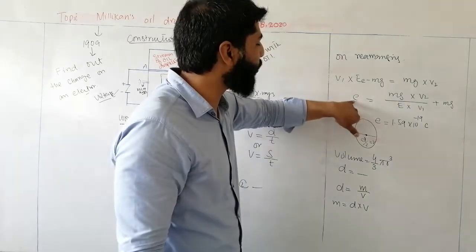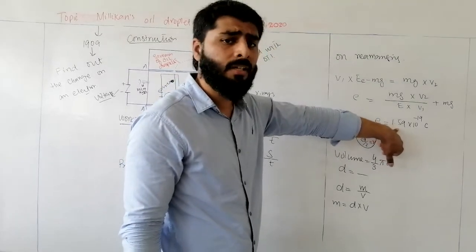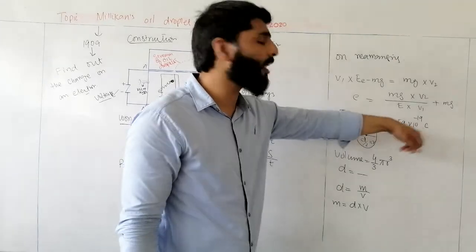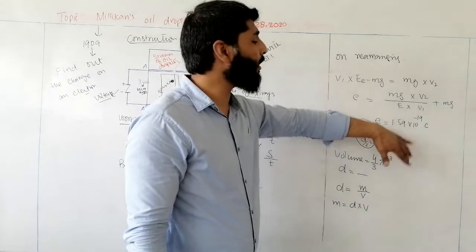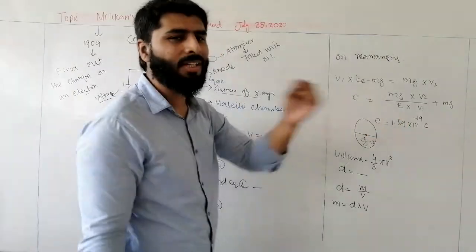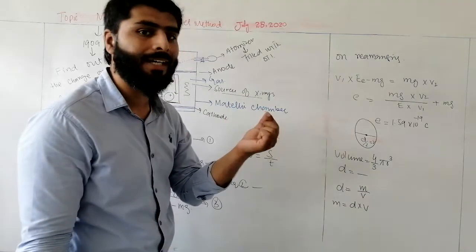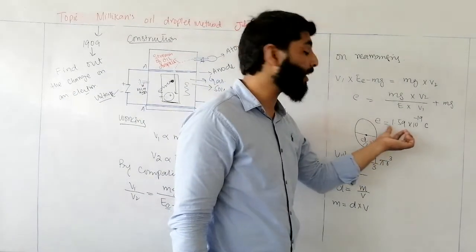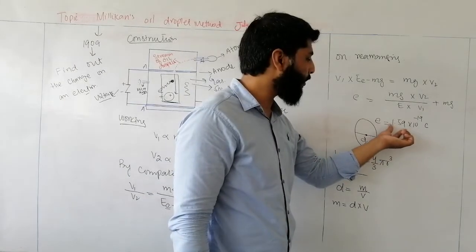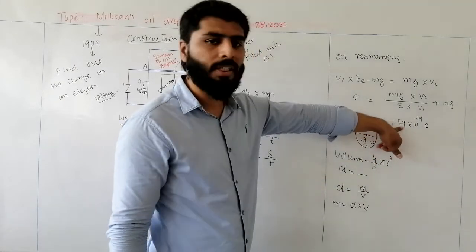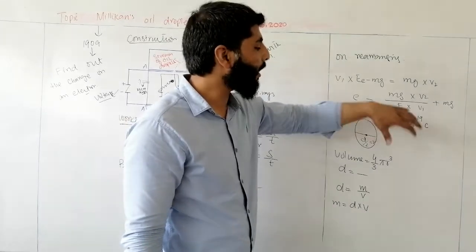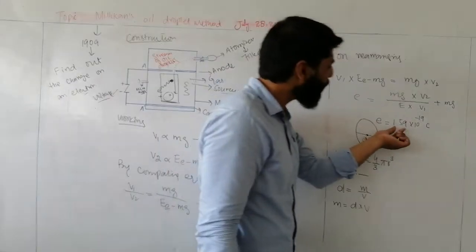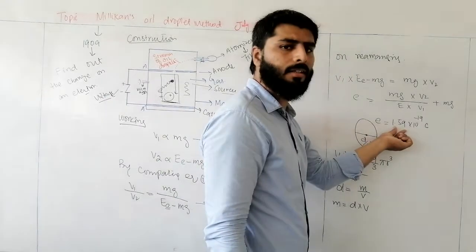For example, for 1 electron it is this one, for 2 electrons it will be 2 into this one, for 3 electrons it will be 3 into this one. He calculated a number of values, but he found that the smallest charge is equal to this value.